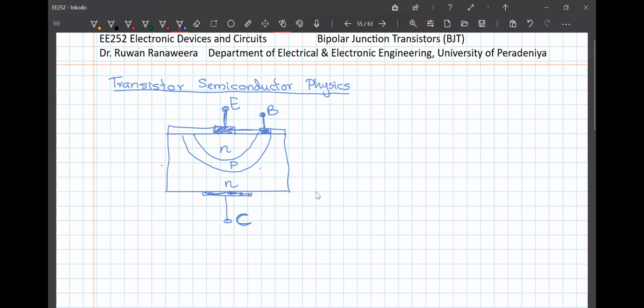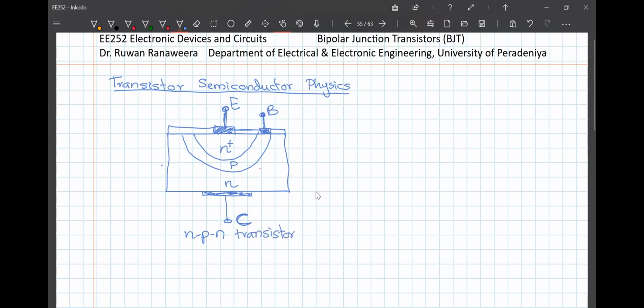For example, in the emitter you have more impurities than in the collector region. So they are not the same. They have different concentrations of impurities, right? Therefore, the emitter and the collector are not identical. So this is basically an NPN transistor.